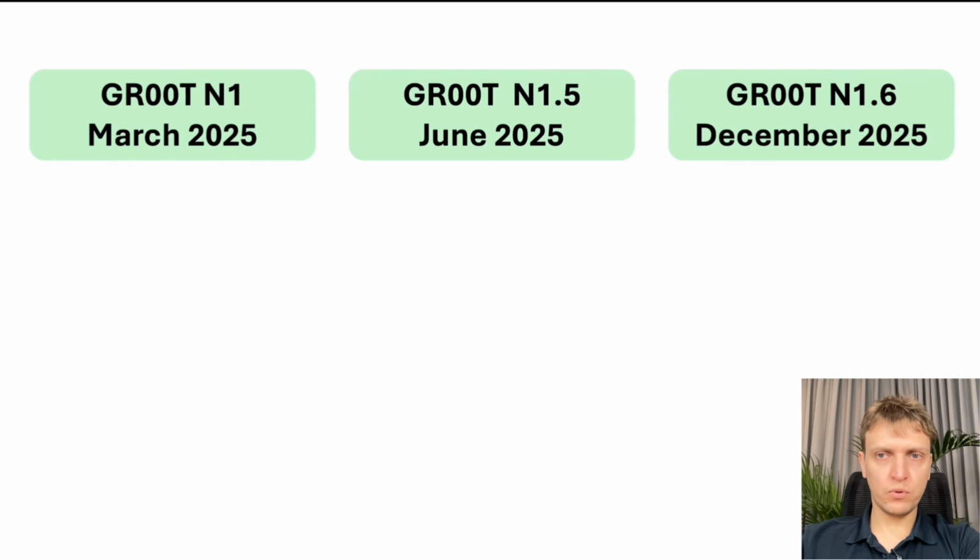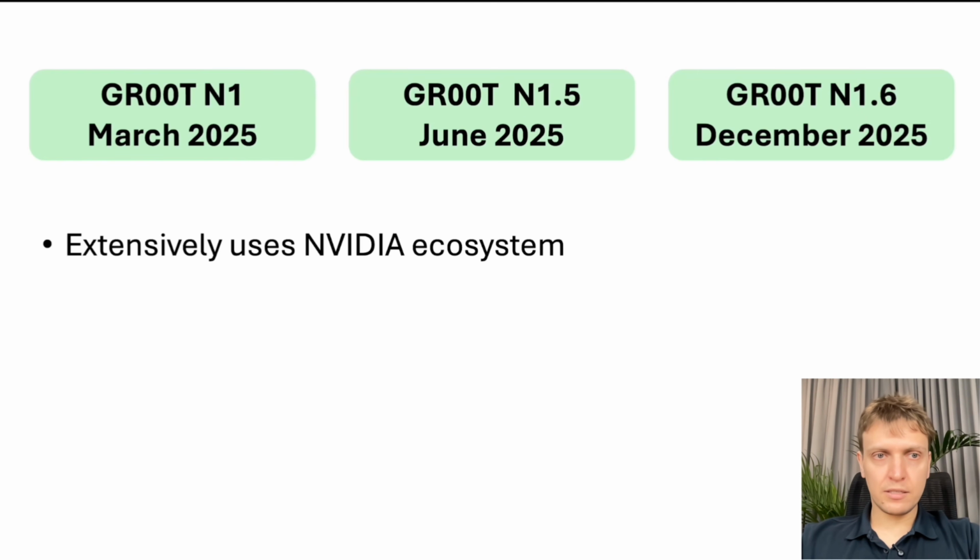Before we move to the technical part, let's discuss a few high-level things about this policy. First of all, it extensively uses the NVIDIA ecosystem. You may know that NVIDIA has a lot of different services that can be used for the training of different models, and a lot of services specifically for robotics. And of course, this main NVIDIA VLA uses a lot of these services. They use Isaac Sim, Isaac Lab, Omniverse, and all the other simulation engines that exist there.